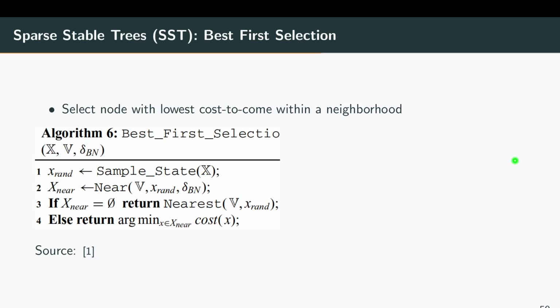Okay, and so we can already see here that it's kind of interesting. If we have this large radius, then we can really pick from many different nodes and try to prefer improving things with a low cost. If this radius is fairly small, then it more or less becomes the same as the naive random trees.